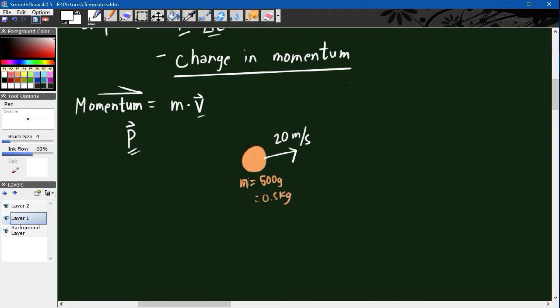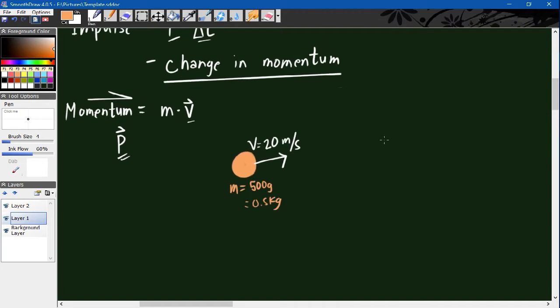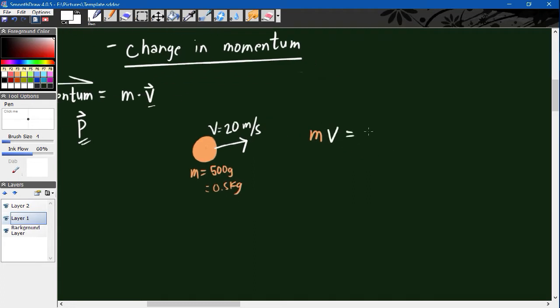That's easy. We just multiply the mass right here. Wait, I should have written v here. We multiply the basketball's mass, m, by its velocity, v, and then we'll get the magnitude of momentum at least.